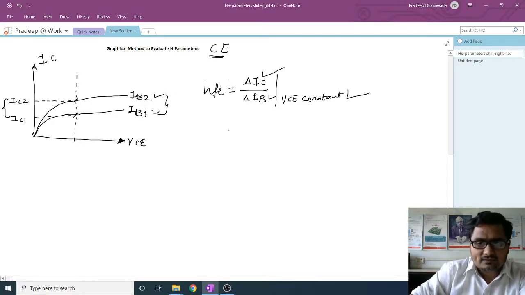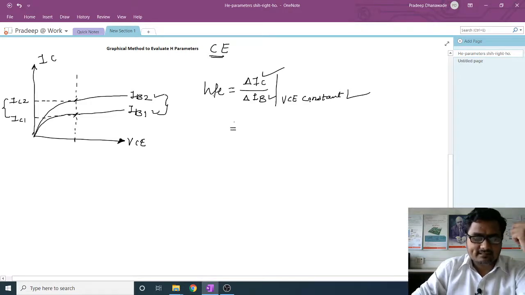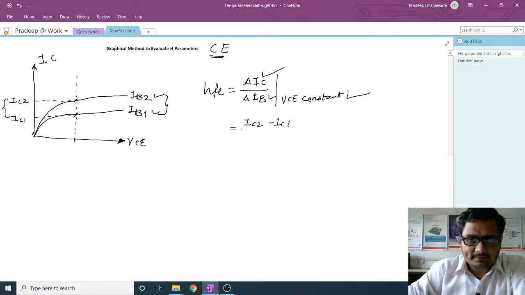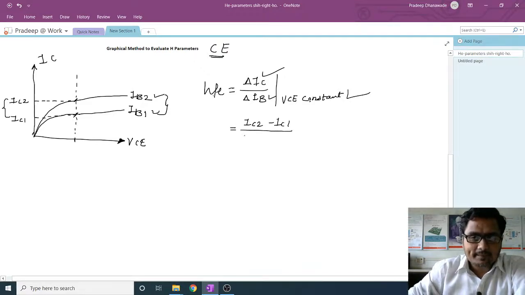So what I can write here, HFE will be equal to IC2 minus IC1 divided by IB2 minus IB1. By this way I can calculate the value of HFE.